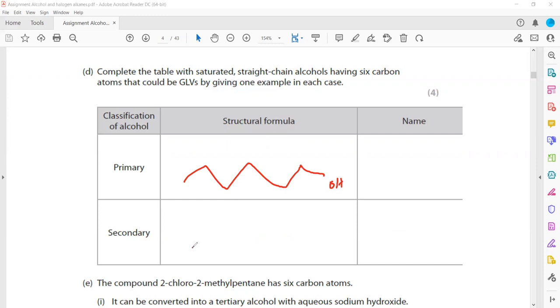And then 1, 2, 3, 4, 5, and there is OH, and then 6 is there. So this is not the structural formula, this is skeletal. So in the exam, you should read the question properly, to see which formula they are actually asking for.